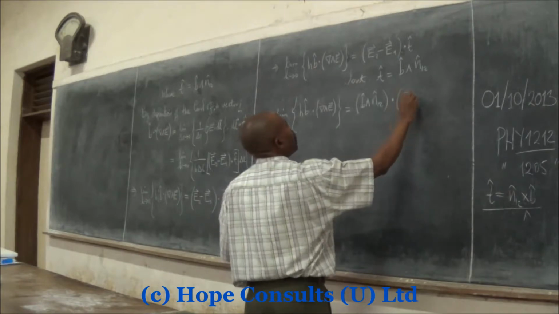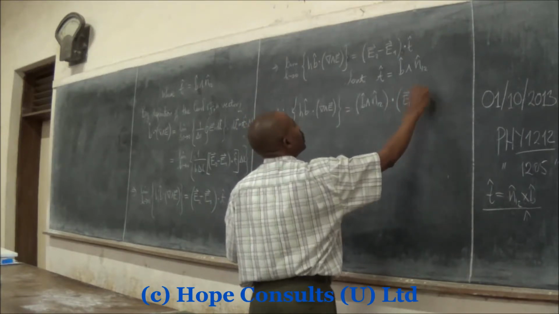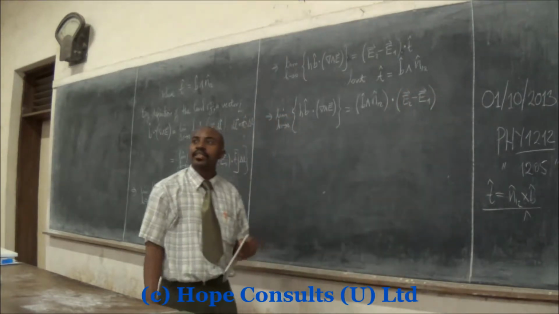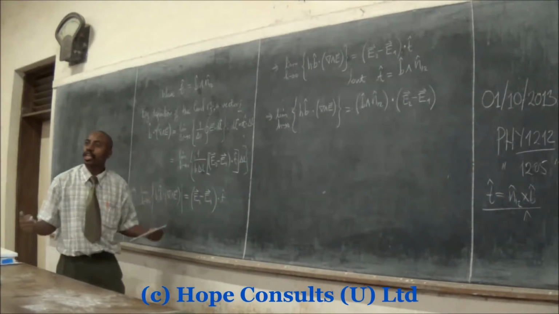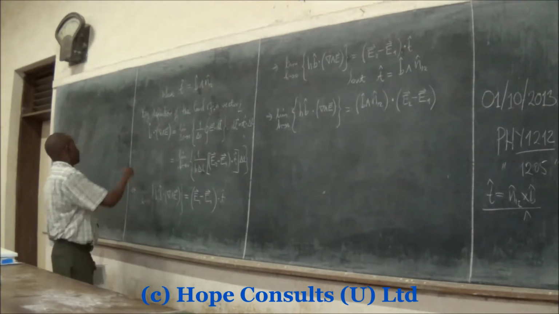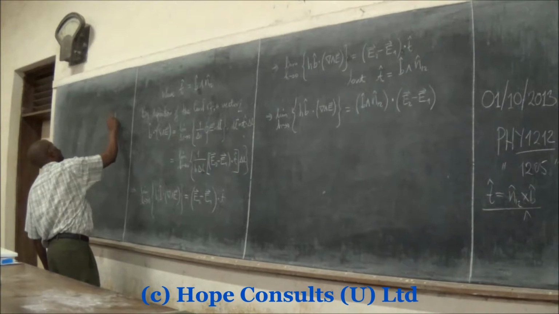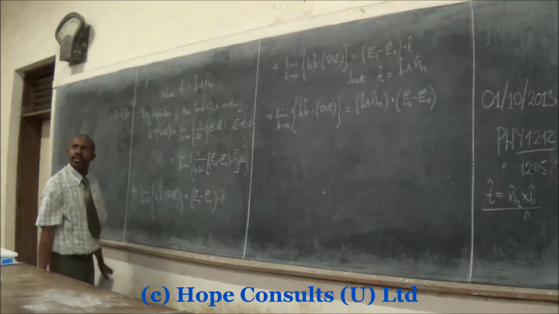We very well know that the dot product is, is it associative or distributive? That is, A dot B is equal to B dot A. That is called what?